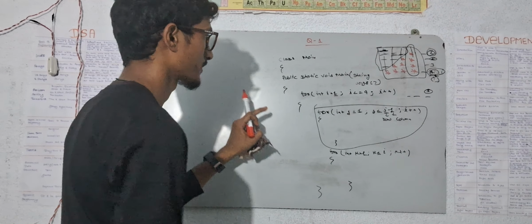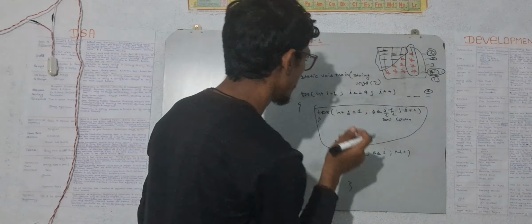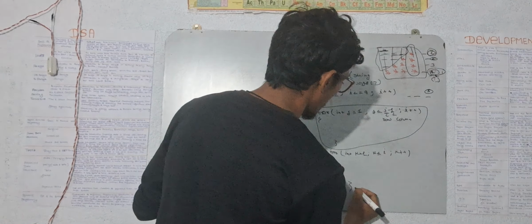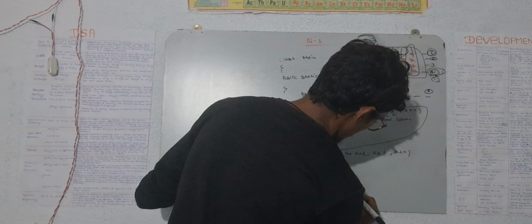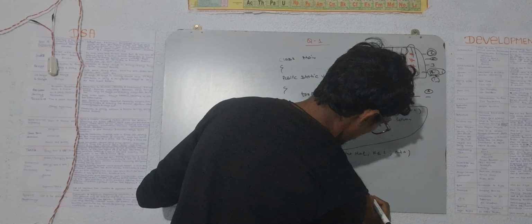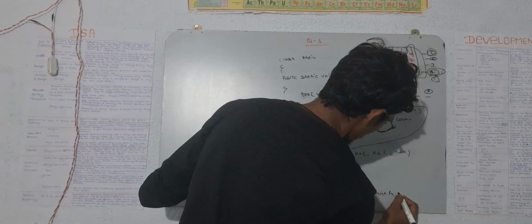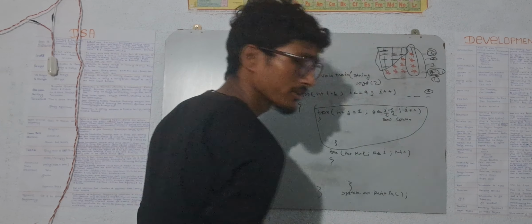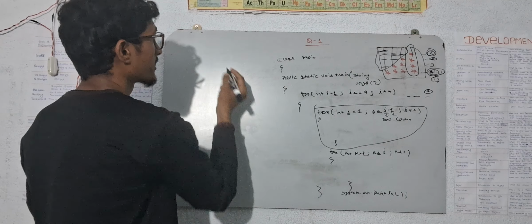Then we write, as in the previous question, we will have to change the line, so here we will write a changing line. When we execute this code, then we will get the result.